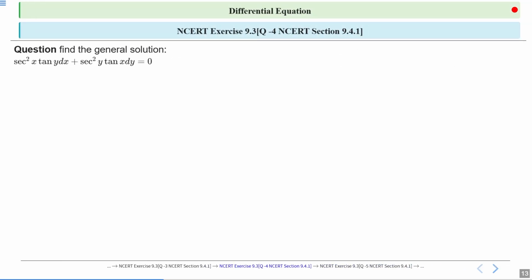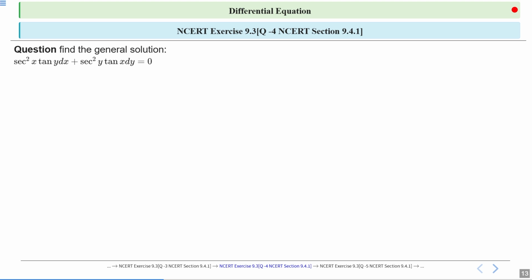Now question number 4 is: find the general solution of sec square x tan y dx plus sec square y tan x dy is equal to 0. If you observe, in the first term there is sec square x tan y dx, so there is a term tan y with variable y, but it is with dx.